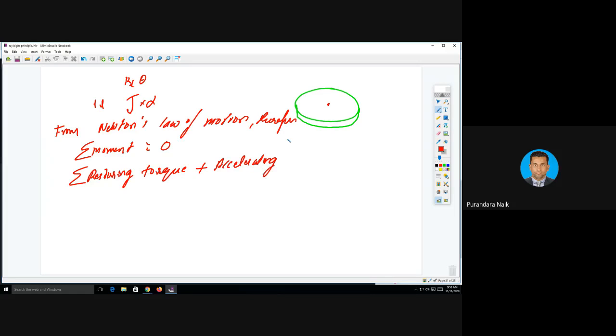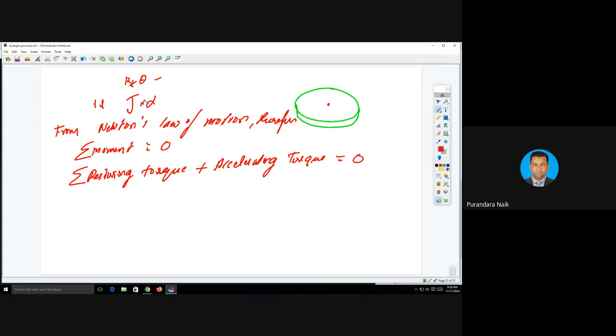Accelerating torque is nothing but inertial torque, equal to 0. In the previous case, the spring mass system, spring force plus inertial force is equal to 0. Here the restoring torque is kt into theta, the accelerating torque is J into alpha, and it is equal to 0.